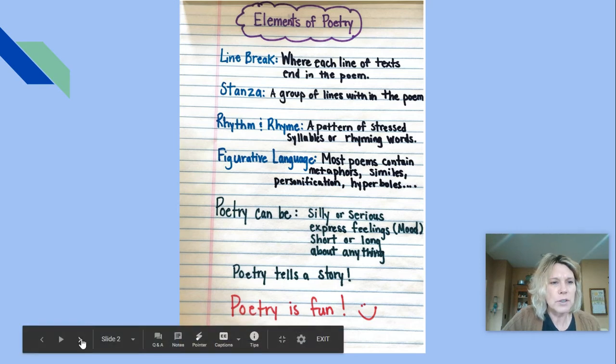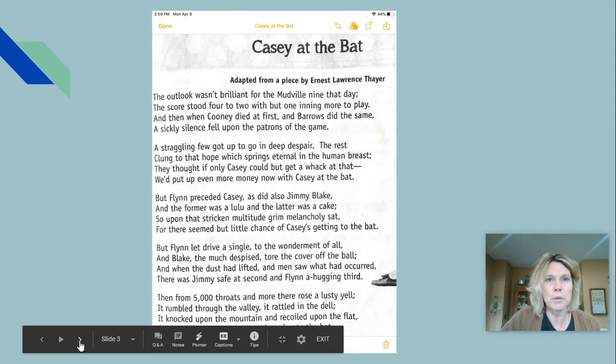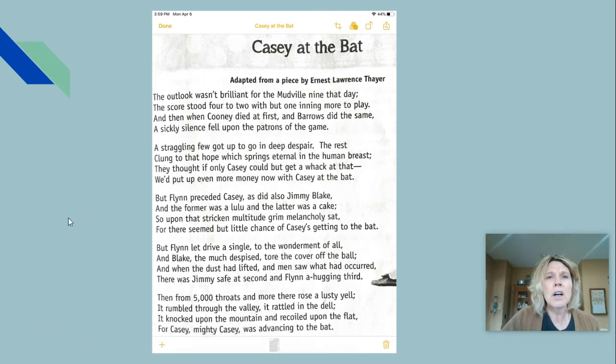So let's go on to look at a poem that I think you're all very familiar with because, well, at least you should be. We did it back in the fall at school, called Casey at the Bat. And this is by Ernest Lawrence Thayer. Okay, so first thing we're going to take a look at are stanzas, a group of lines put together with a break.